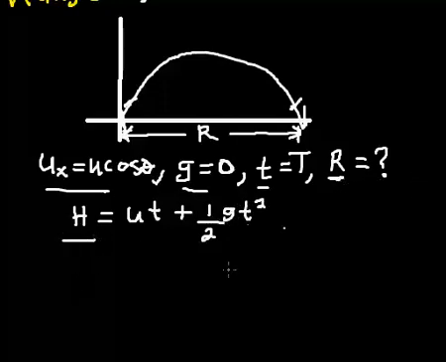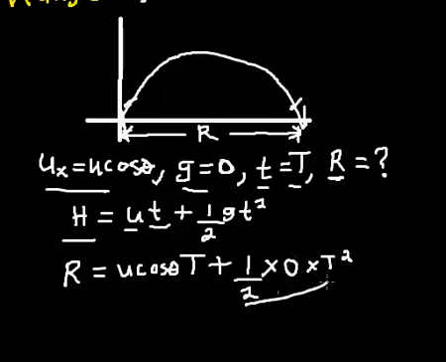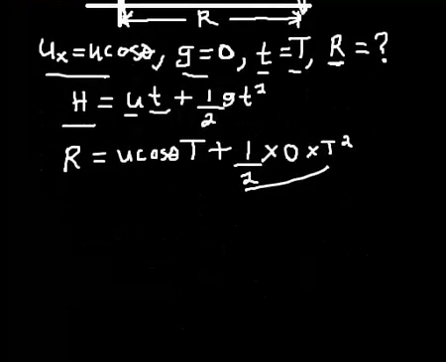So h now is the range, the u is u cos theta, the t becomes capital T, and of course plus half times 0 times t squared. So 0 times the whole of this is 0.